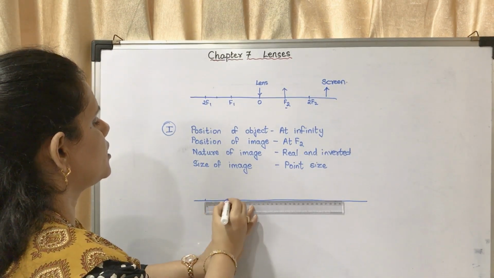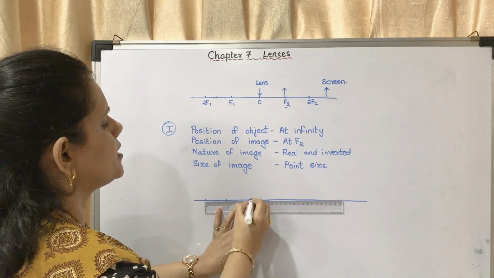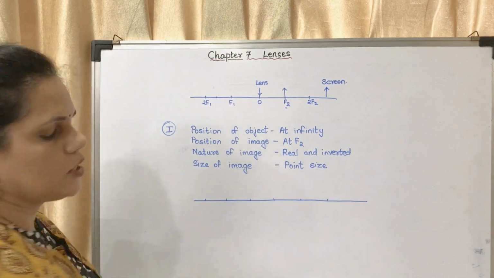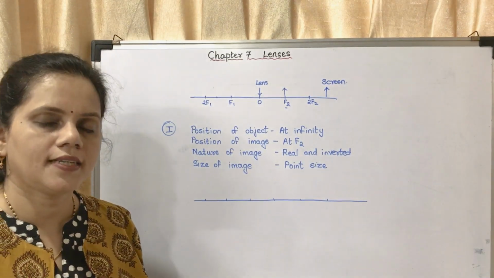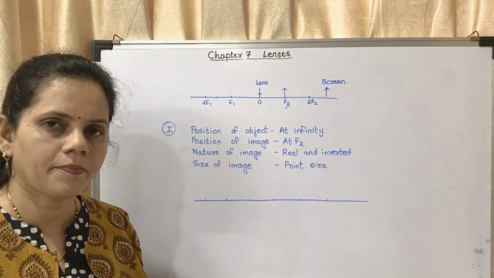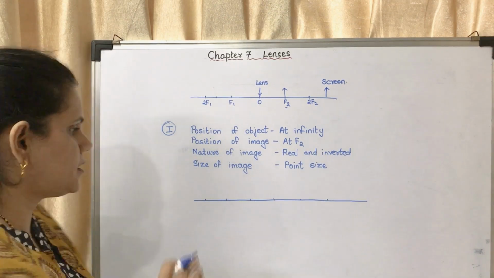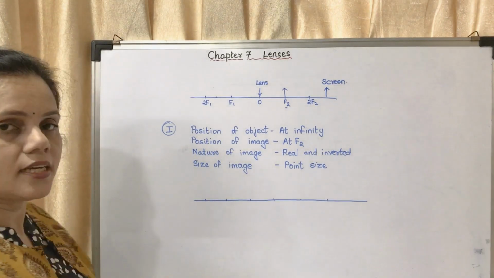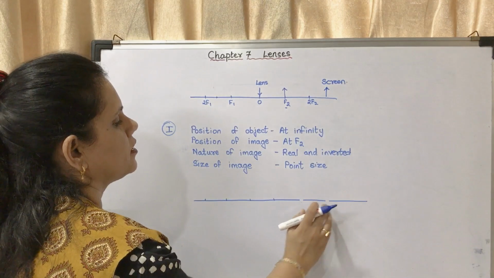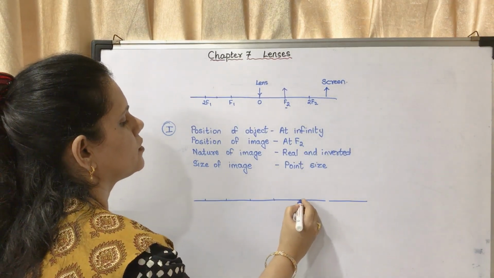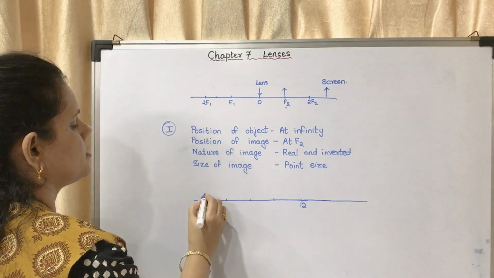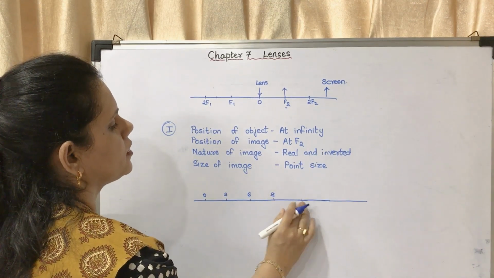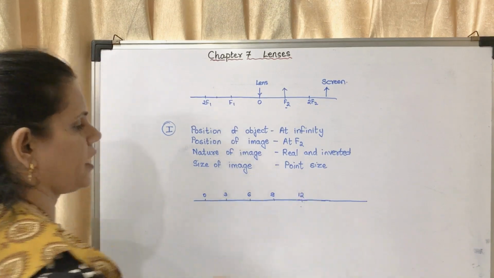You have to mark 0, 3, 6, 9, 12. Only till 12. I will write the numbers 0, 3, 6, 9 and 12. This much you have to take.